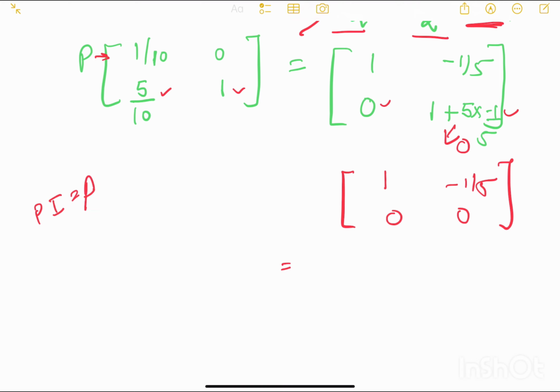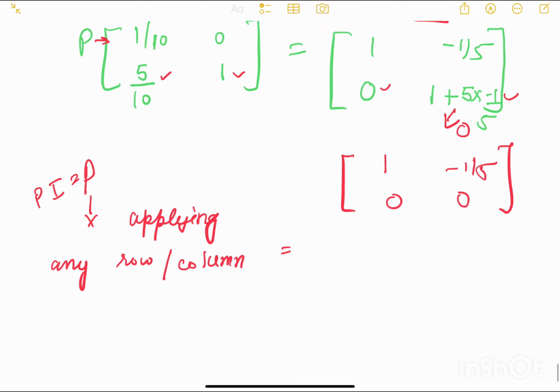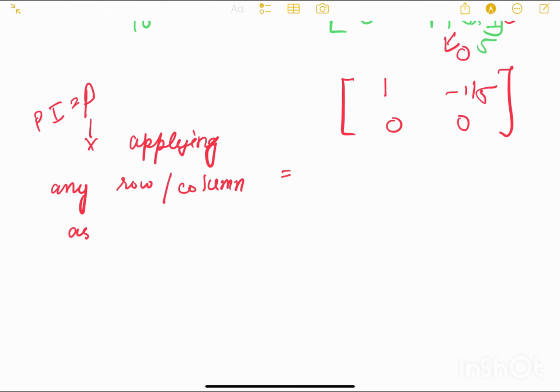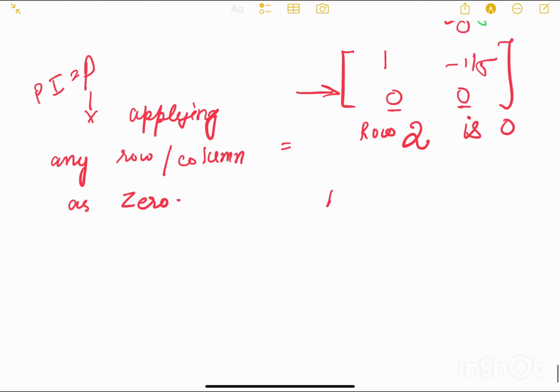Now while applying the operations, if I get any row or column, depending upon whether you are applying a column operation or row operation, if you get any row or column as 0, what I mean by 0 is that if you will just focus that my row 2 here is 0 because every element here is my 0. If you get such a scenario, we simply say that the A inverse does not exist.